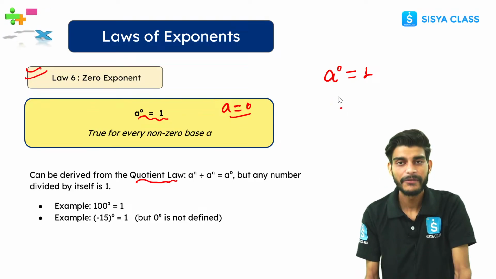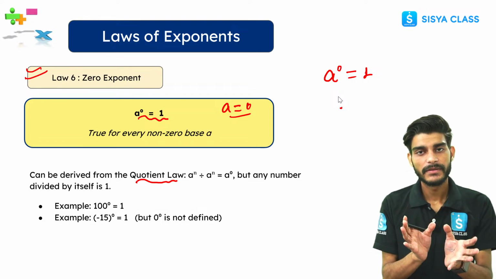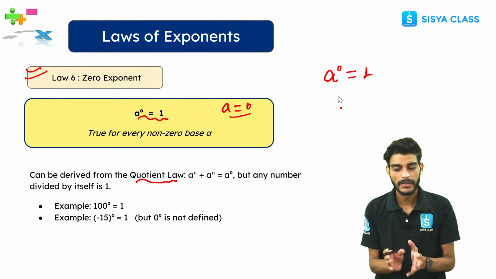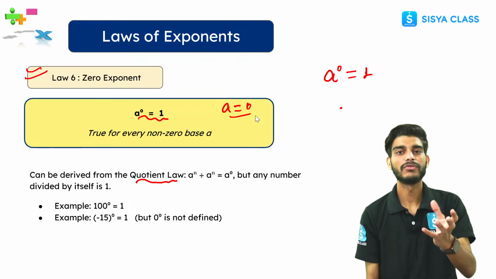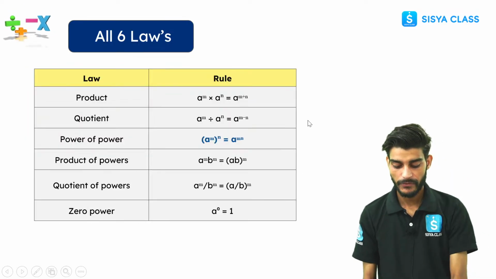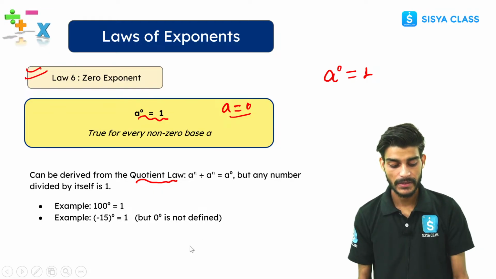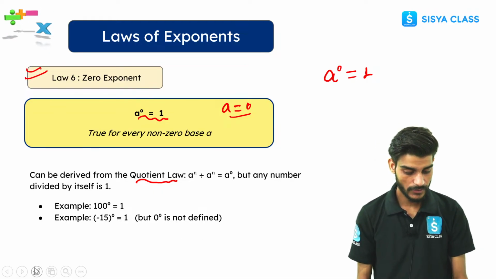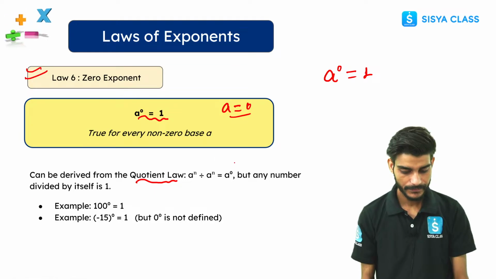We know that when we divide the same number, the quotient equals 1. Yes, when you divide with the same number, the quotient equals 1 only.